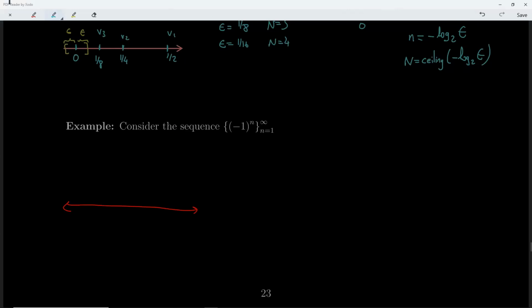I will define the norm of the vector as the absolute value of that vector. And the question is: is the sequence convergent to 0?